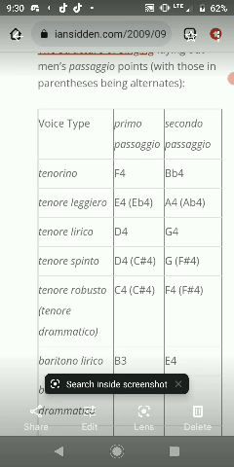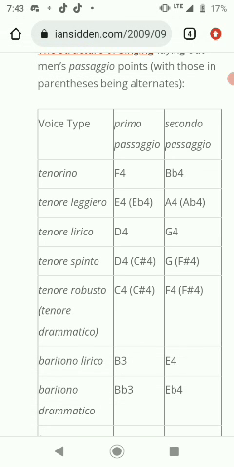Tenors, the spinto tenor, you can try and go with the lower tenors, possibly. And this is not the third passaggio, by the way, for these people. So that's not their, they go into head after A4.